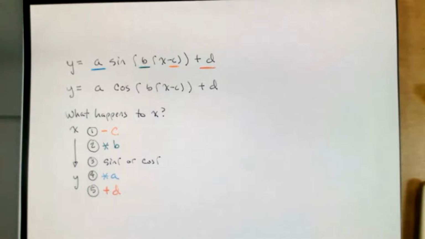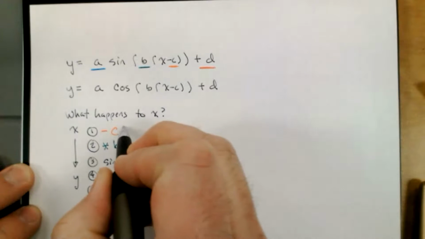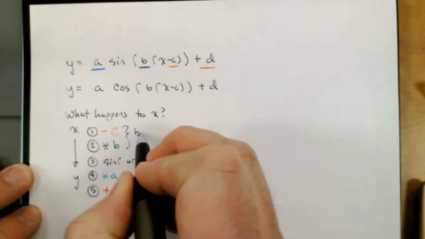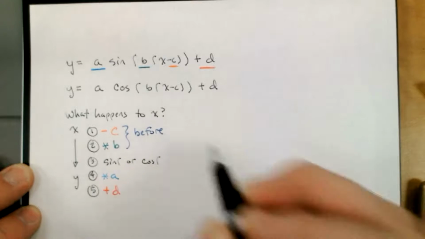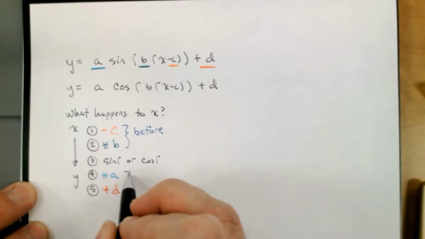So this is what I mean by before or after. Minus C and multiply by B, those are operations that happen before the function. So up here is before the function. And these two are after.